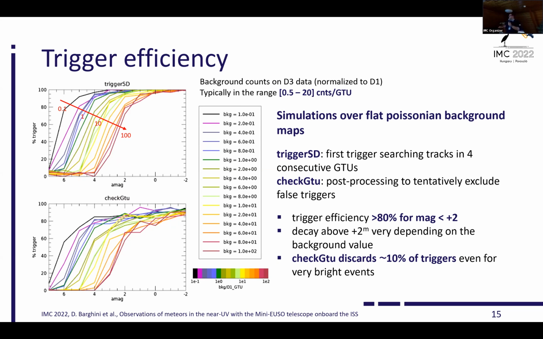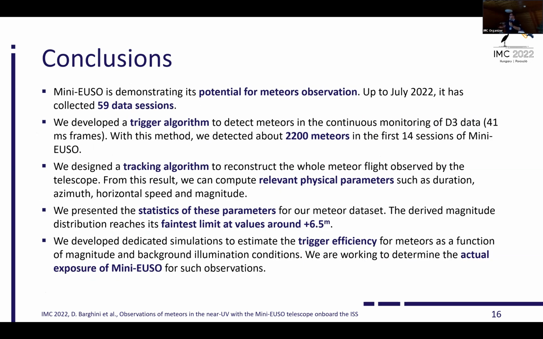And this is what we will do in the near future. We are now working with some students to apply these results to the actual data. And so basically, that's also the conclusion. The main conclusion is that Mini-EUSO, which is not an experiment for meteors, is trying to contribute to meteor science. This is also something that we published in a recent white paper, saying that meteor science can be done also with other instruments, not just primarily meteor instruments.